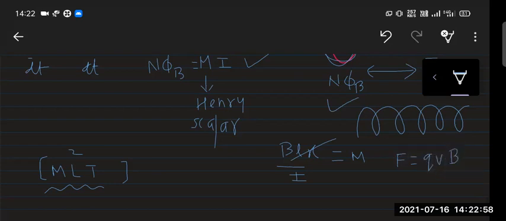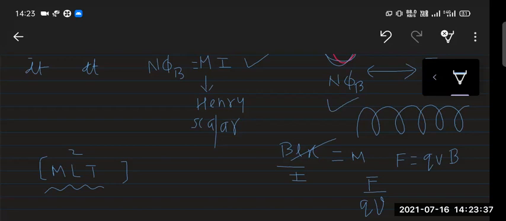Then the force formula is MLT minus 2, upon charge. For charge we can write Q is equal to I by T. And V is LT minus 1.